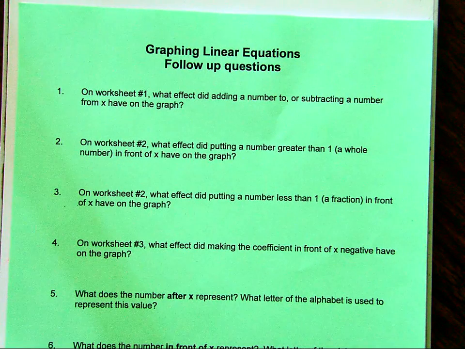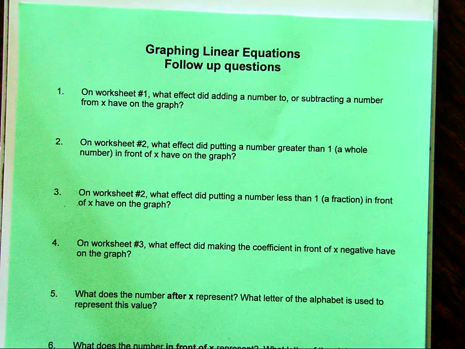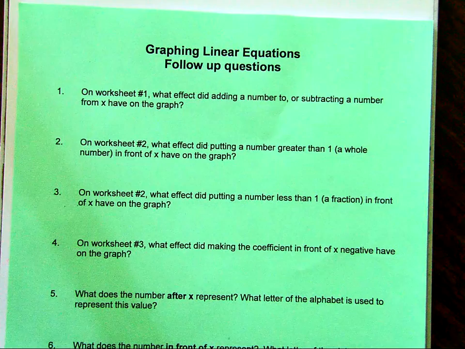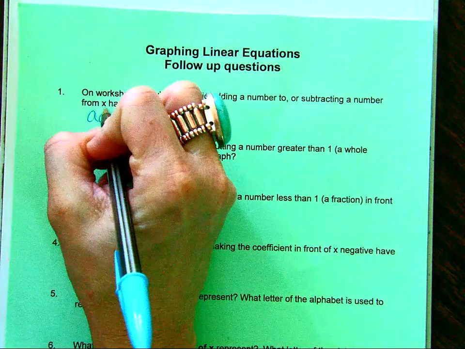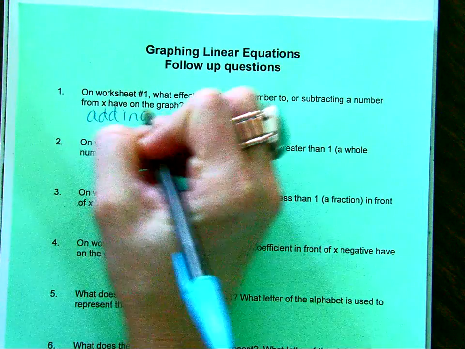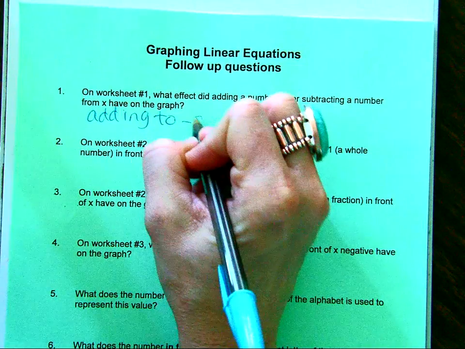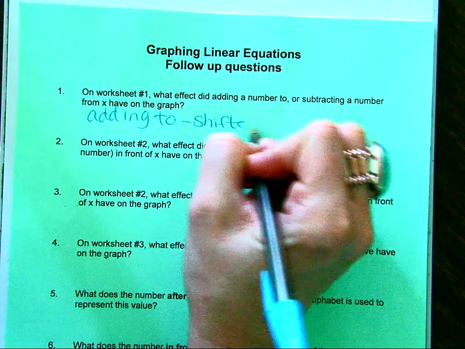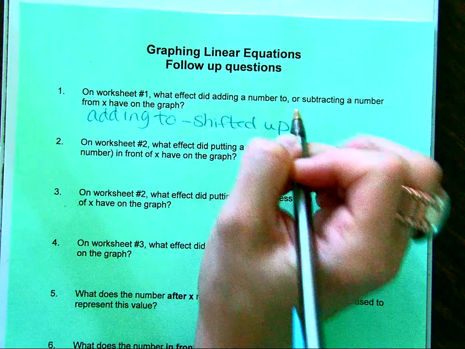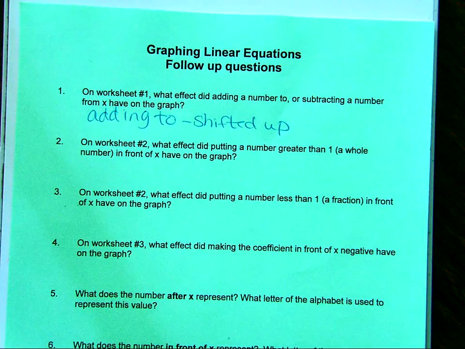So look at your blue line. What effect did adding a number to that red line do? What did it do to it? Yeah, it shifted it up. So we don't even need to get into the details. I'll write in blue. So adding a number to x shifted the line up. It shifted the parent function, that red line, up.